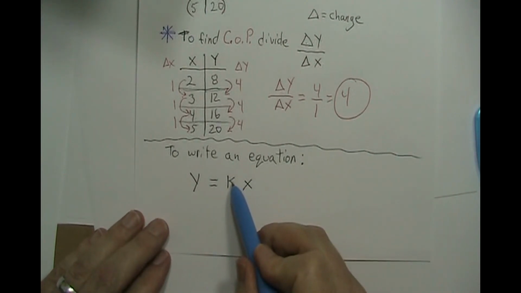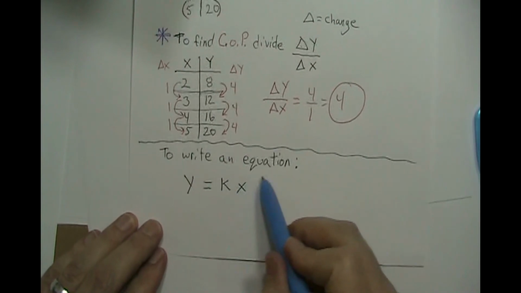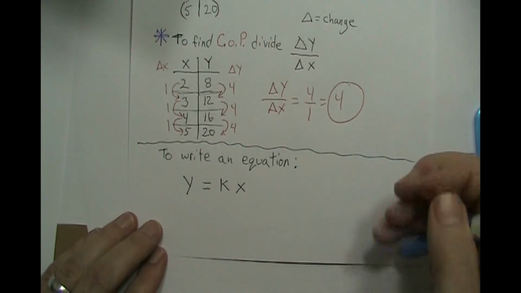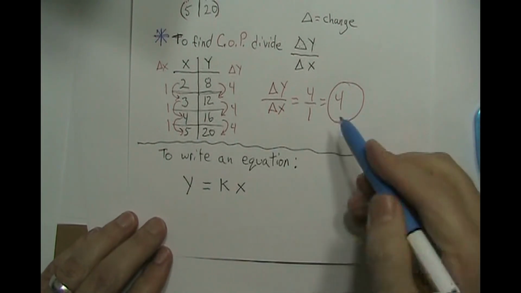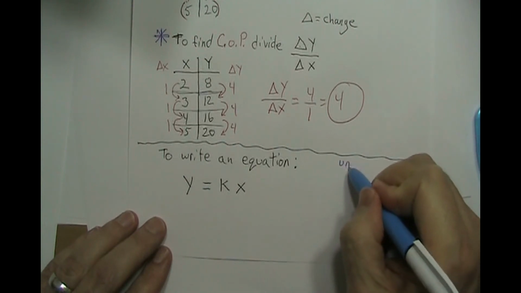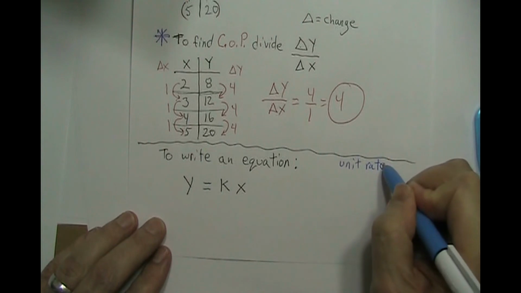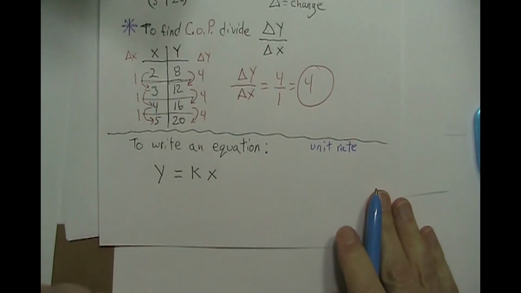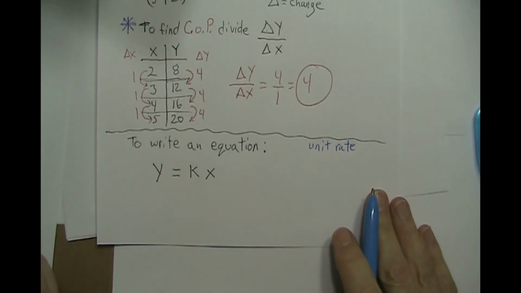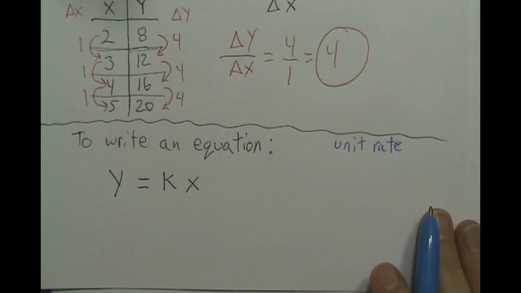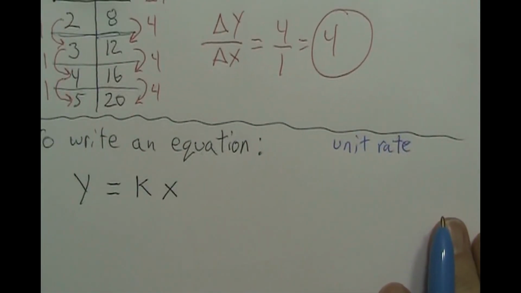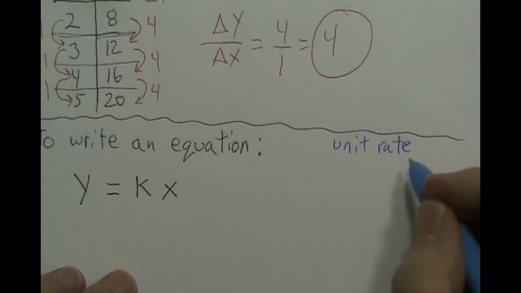What about that k? If you remember before, we have the words unit rate, and we also have the words constant of proportionality. They mean the same thing. If you want to abbreviate, go ahead.